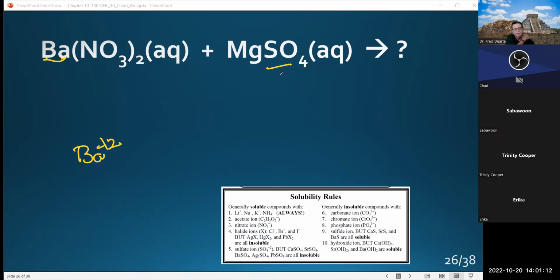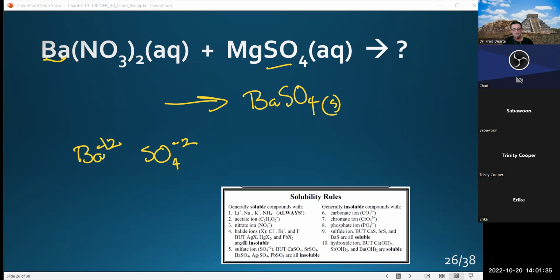And all sulfates have a -2. It's one of the polyatomic ions. Therefore, its formula can be written together as 1-to-1. And I can write it as barium sulfate like so. And since we figured out that this barium sulfate is insoluble, I can put the S.